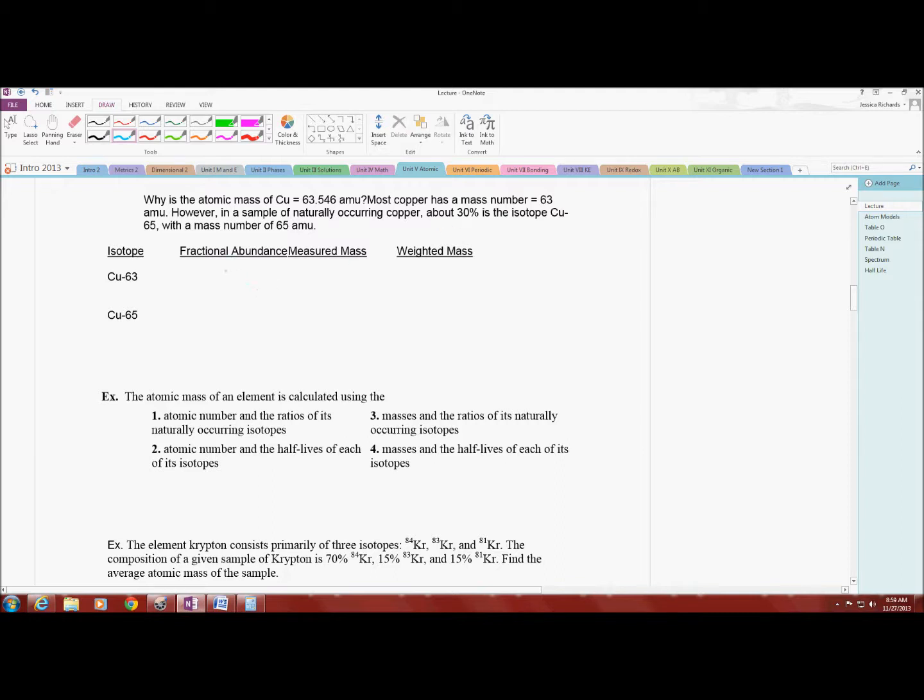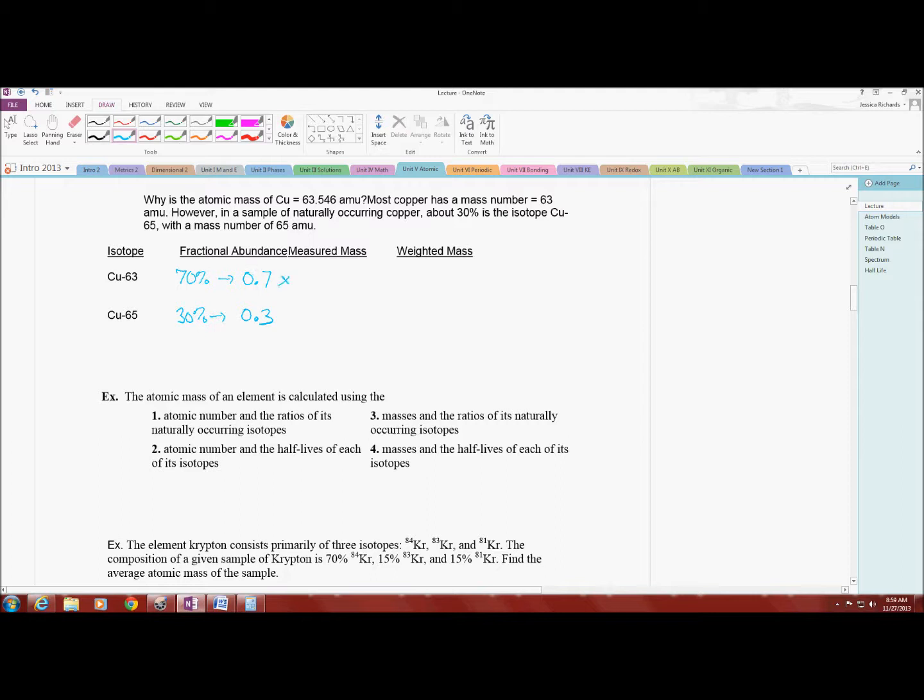So when they talk about fractional abundance, how much is there? Well, we have 30%, which is going to be like saying 0.3, which means how much copper 63 is there? Well, if 30% is 65 and they're telling us there's only these two isotopes, then 70% or 0.7 is going to be from copper 63.